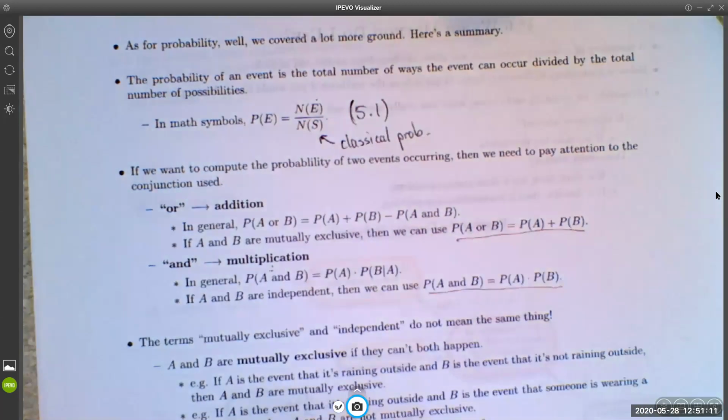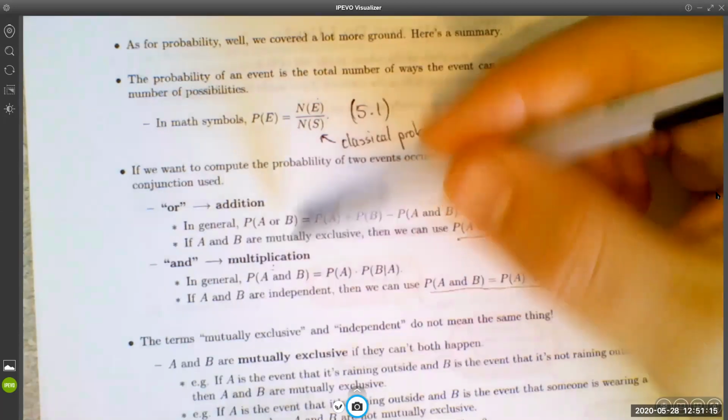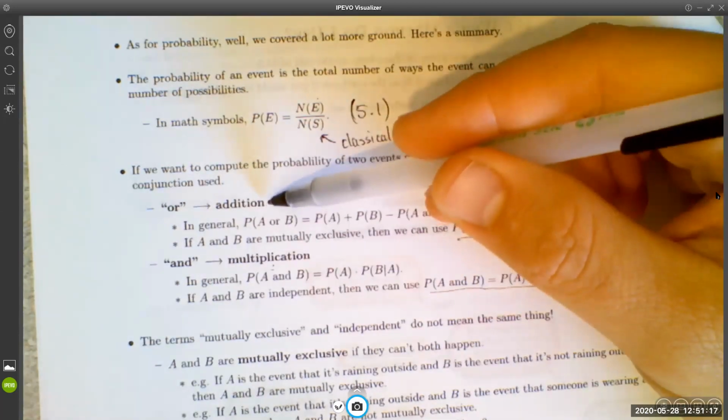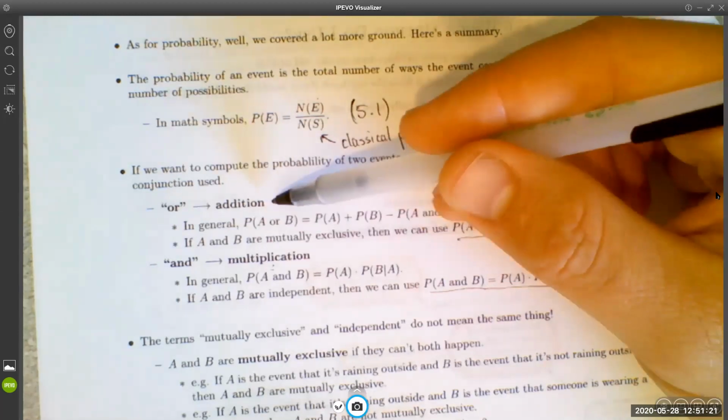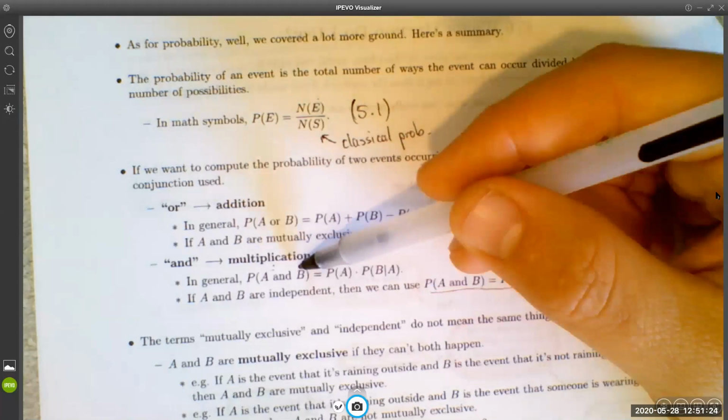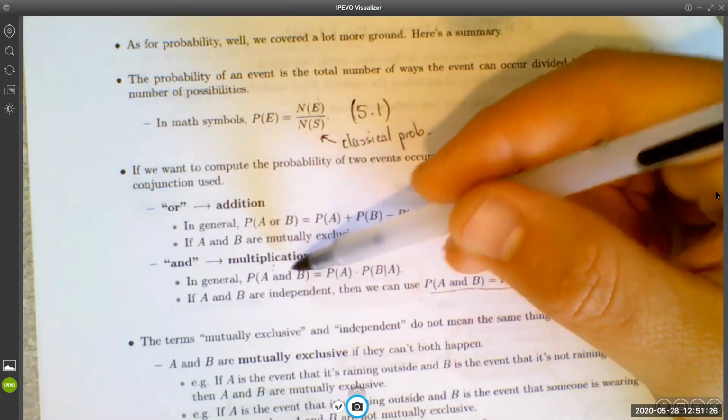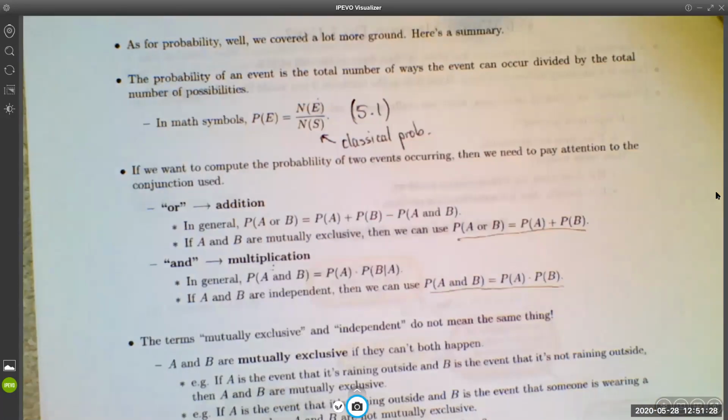But I also want you to understand what these probabilities mean, right? Probability of A or B, this is the probability that either A happens or that B happens or potentially that they both happen, right? Probability of A and B is strictly the probability that both A and B occur, okay?